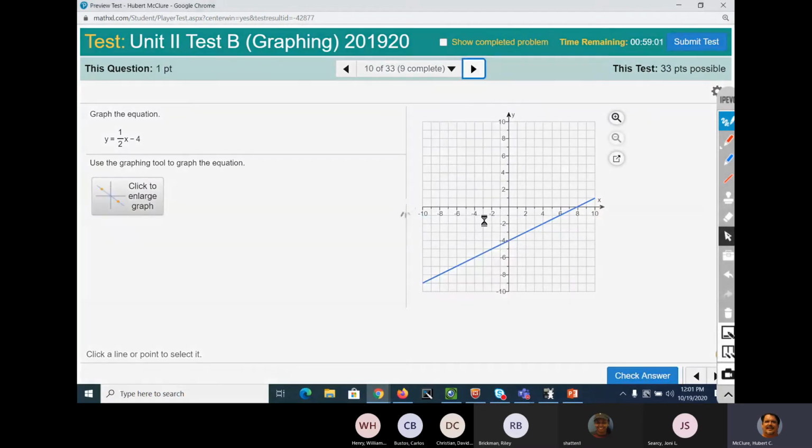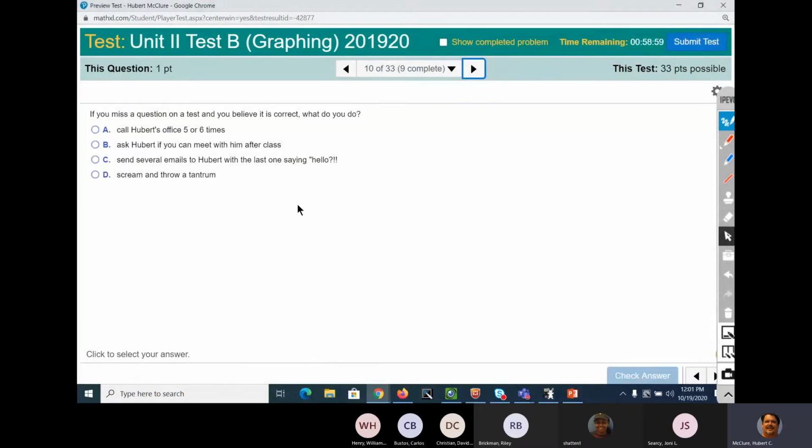If you miss a question, we're going to go over this one a couple of times. This is a question that a lot of people seem to have forgotten about when they want to address questions on the test. If a question is marked wrong, and you believe it is correct, you believe that you're right, what do you do?